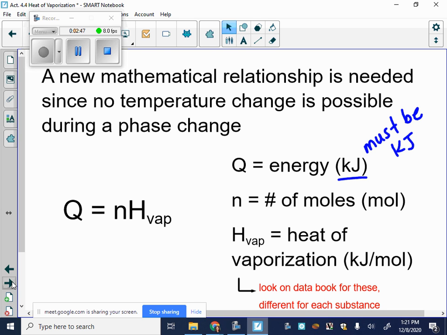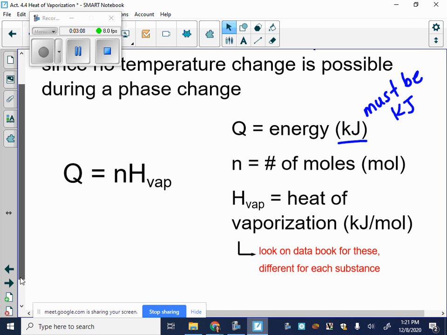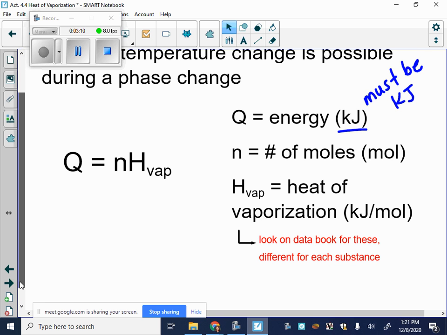Small n means number of moles, and we learned that last unit. The unit of a mole is mol, so it's basically just mole shortened. And HVAP stands for heat of vaporization. Again, you'll find it in your data booklet, right next to the specific heat capacity column.